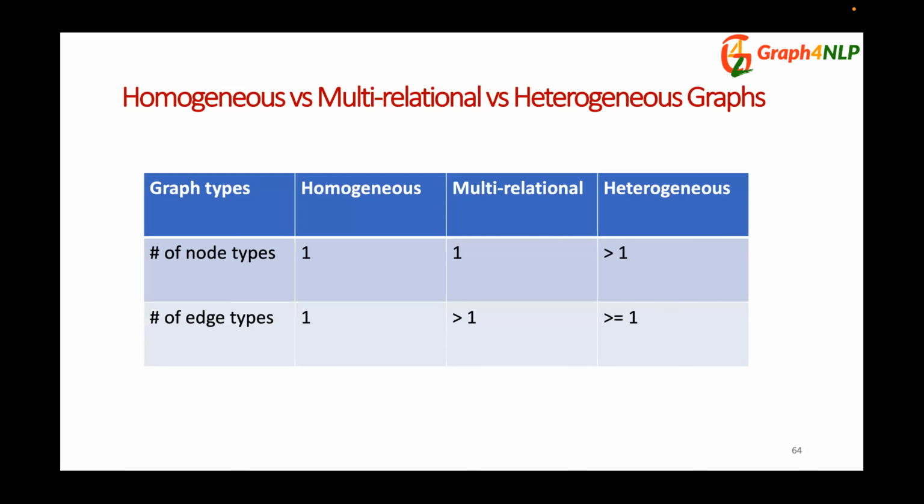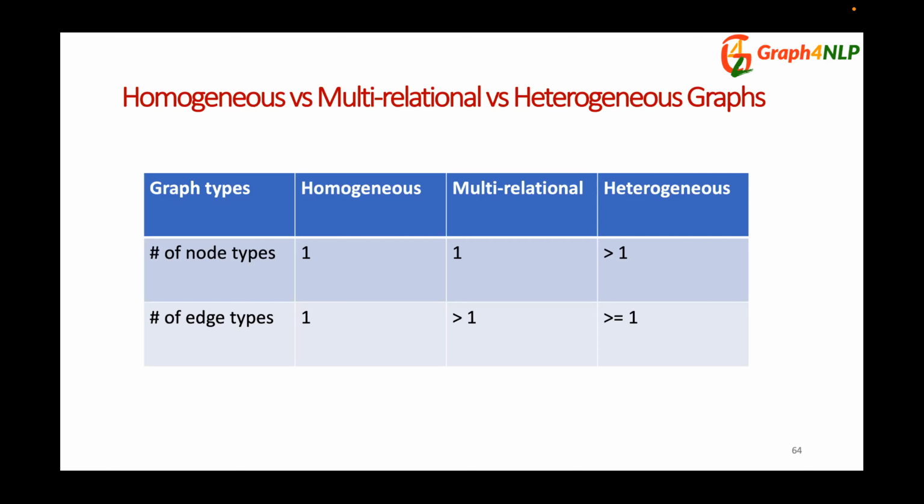So let's first review some definitions on the various types of graphs. These concepts are important since we will mainly depend on the graph types to choose which GNNs to apply. In general, we can categorize graphs into three types: homogeneous graphs, multi-relational graphs, and heterogeneous graphs, depending on the number of node types and the number of edge types.